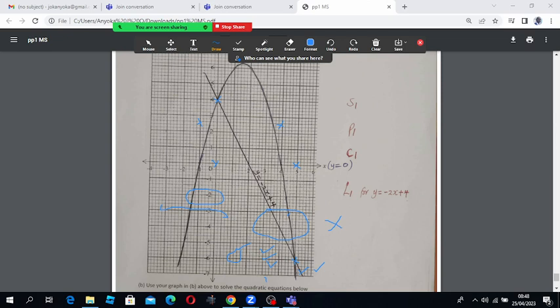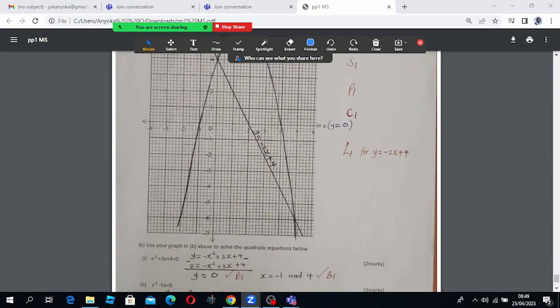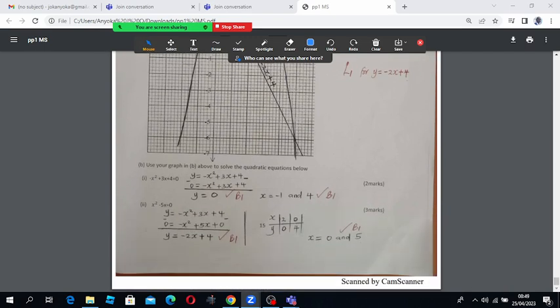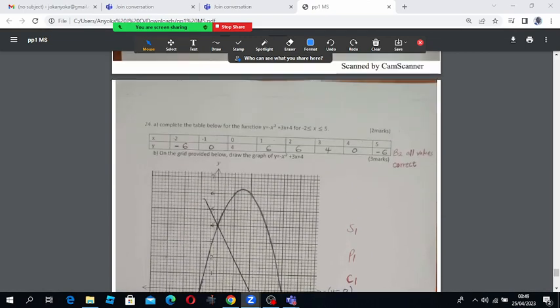So x is equals to 0, or x is equals to 5, and those are the values. So you draw and you take the values where the line will cut the curve, and that marks the end of section 2 of paper 1.